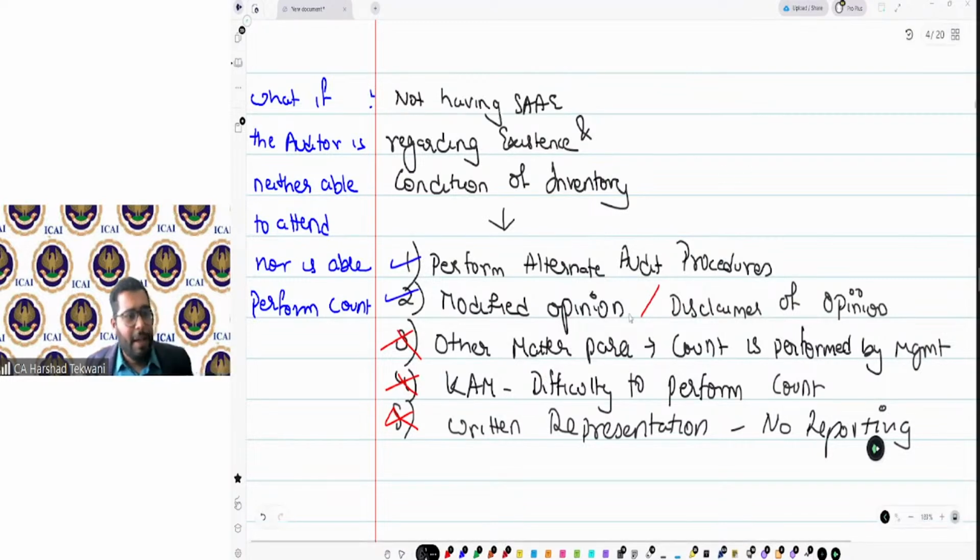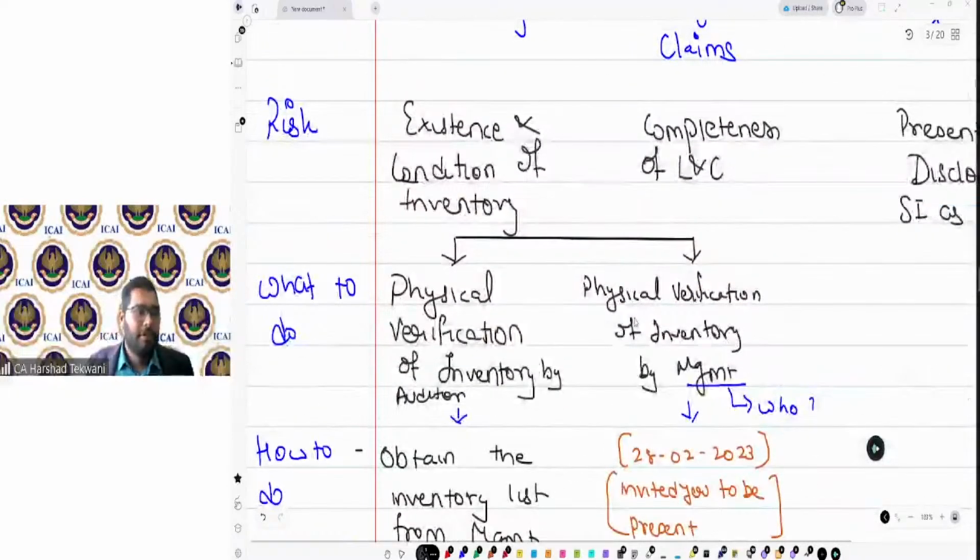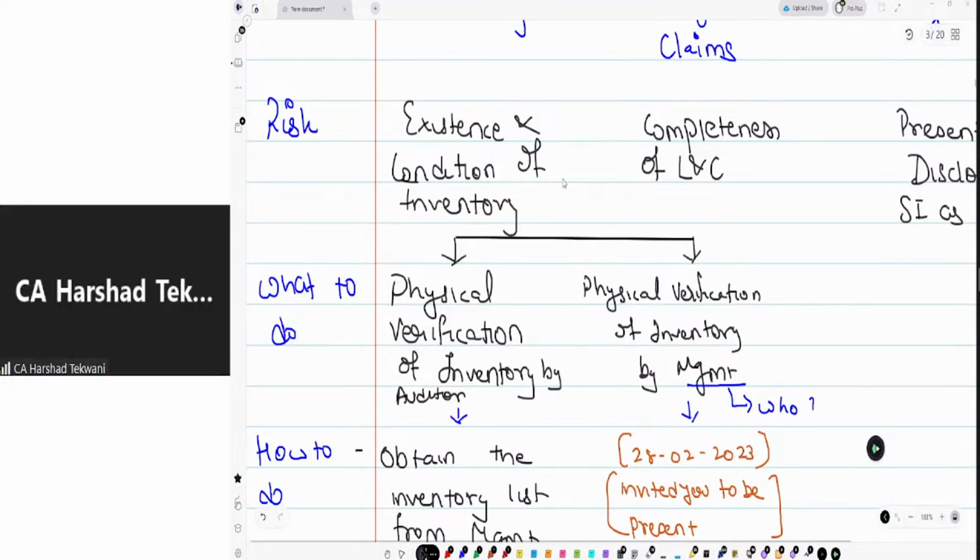That is everything about inventory that we need to discuss: existence and condition of the inventory. Any doubt with respect to inventory? Any doubt? Existence and condition of the inventory.